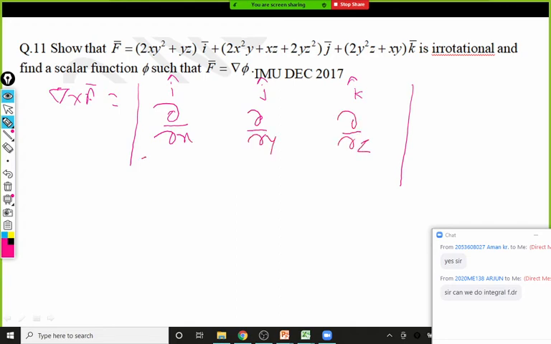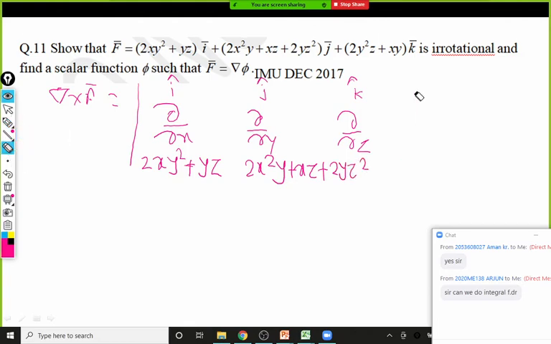Third row, the components of f bar: F1 is 2xy square plus yz, F2 is 2x square y plus xz plus 2yz square, and F3 is 2y square z plus xy. And that's the determinant.